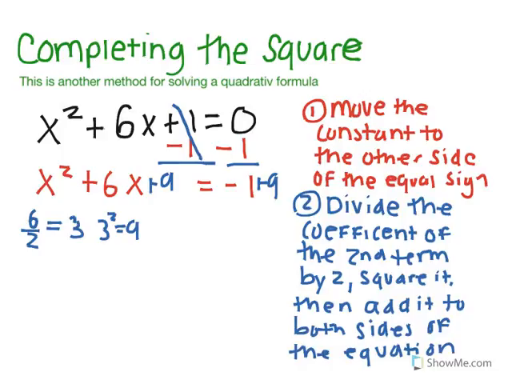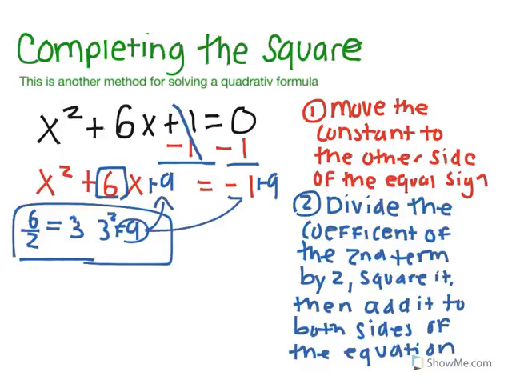So I get x squared plus 6x equals negative 1. My next step is to take the second coefficient, divide it by 2: 6 divided by 2 is 3, 3 squared is 9, and then take that square number and add it to both sides. So I end up with x squared plus 6x plus 9 is equal to 8.